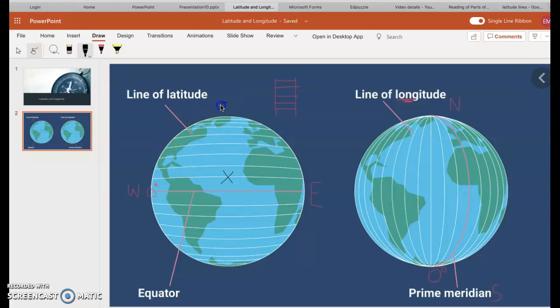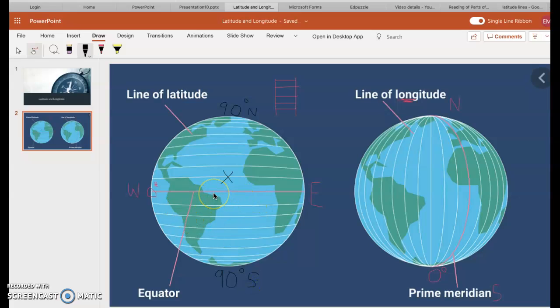At the very top, it can't go above 90 degrees. And this is 90 degrees north of the equator. And again, 10, 20, 30, 40, 50, 60, 70, 80. At the bottom is 90 degrees. But instead of north, it is 90 degrees south of the equator.